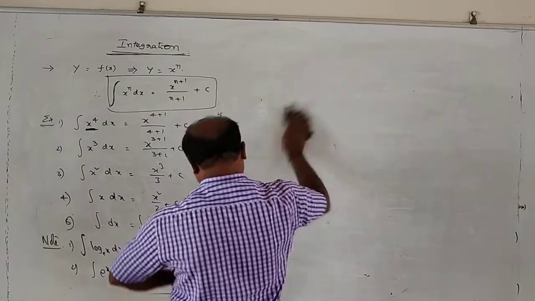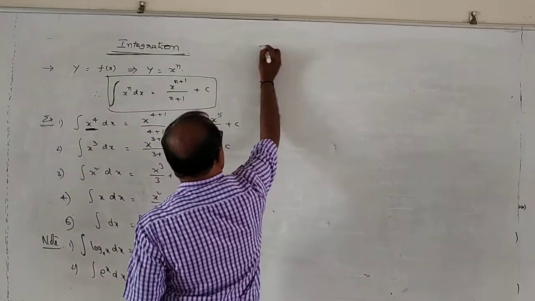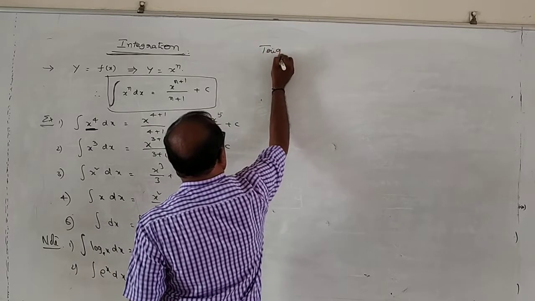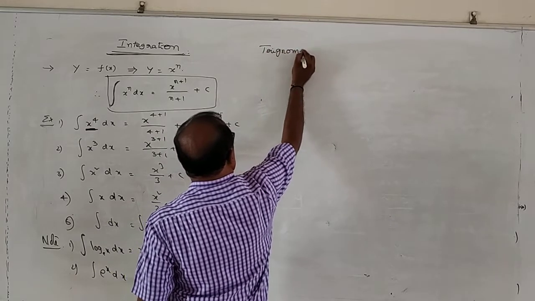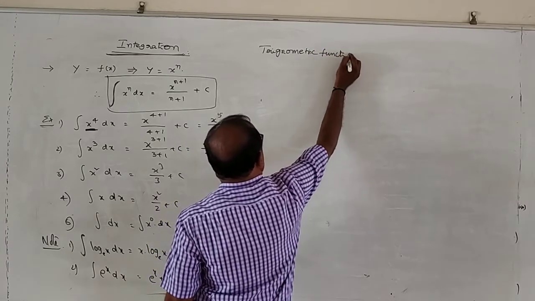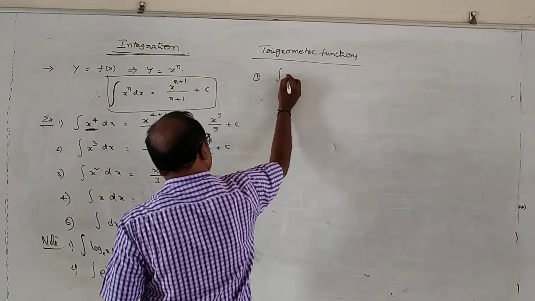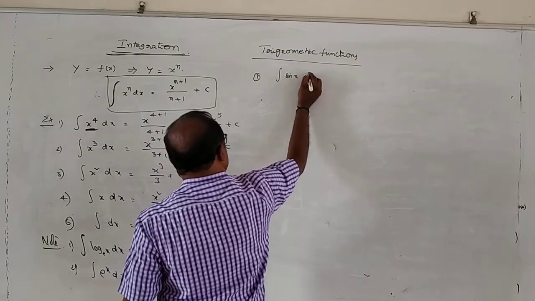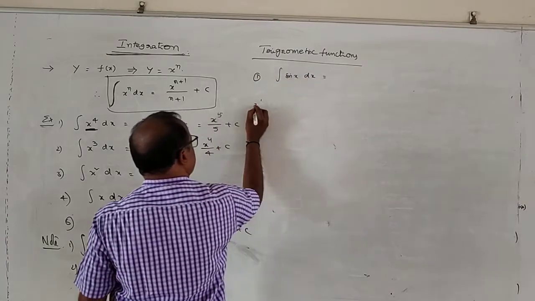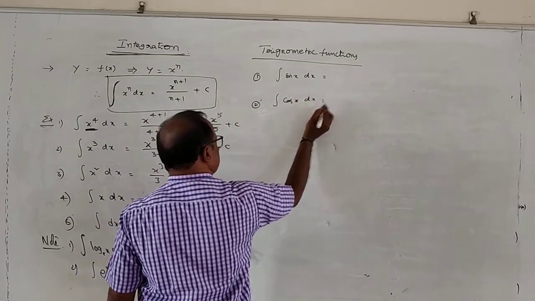Next, integration of the trigonometric functions. First one, integral sin x dx is equal to. Second one, integral cos x dx is equal to.